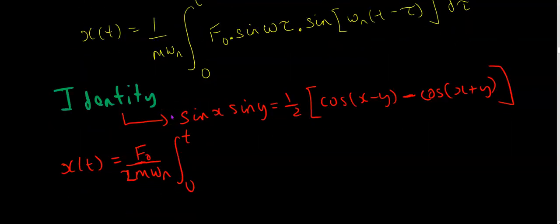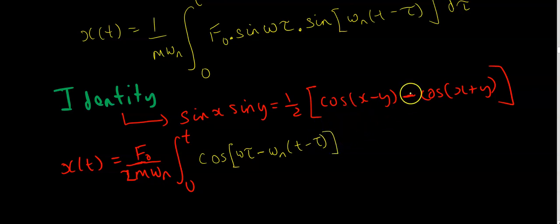Well, I can say x is really omega_n tau. So maybe I can say cosine, open that bracket, omega tau minus omega_n (t minus tau).